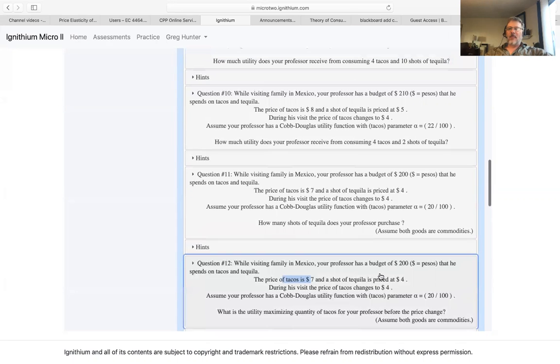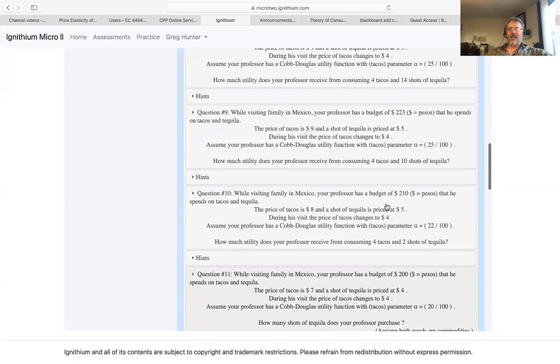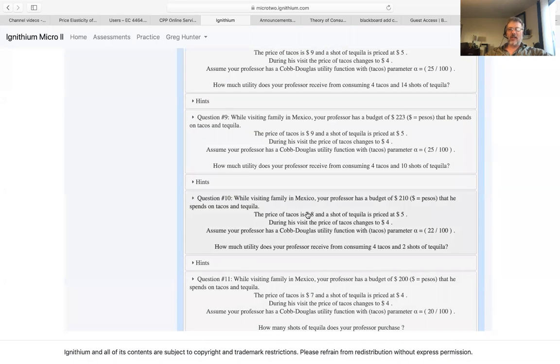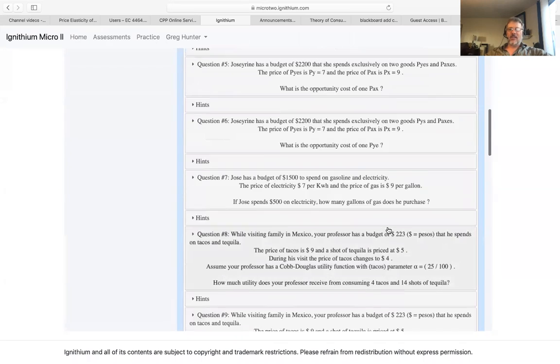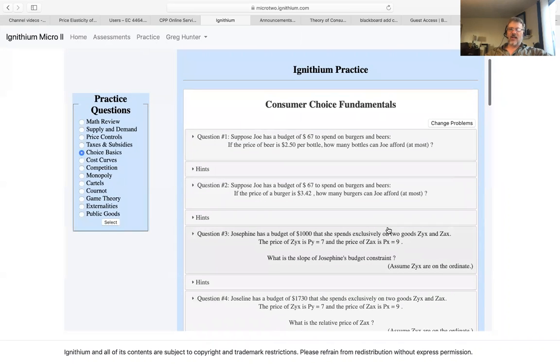Well, for the price to change, the prices have to be different. And sometimes Ignatium will give the price of tacos before and after the change as being the same. So those are things you guys want to look out for.